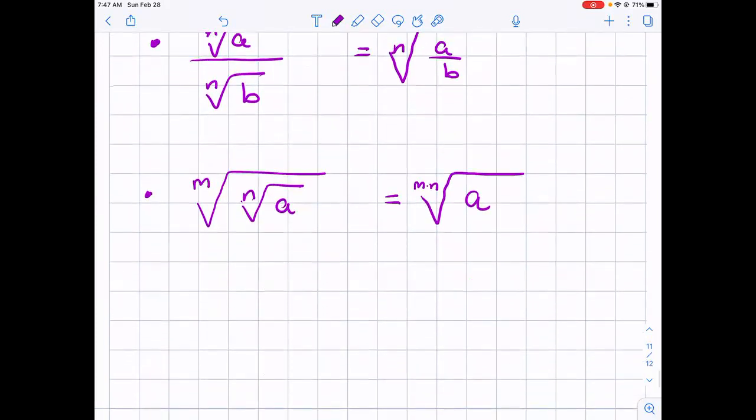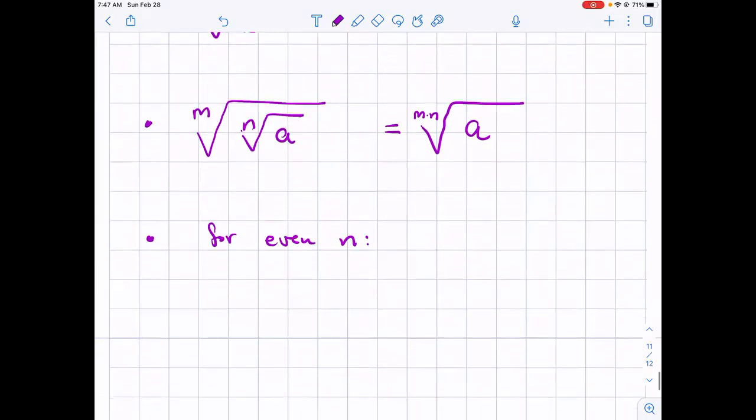And remember also that for even n, if we have the nth root of a to the n, this is equal to the absolute value of a. Because why?